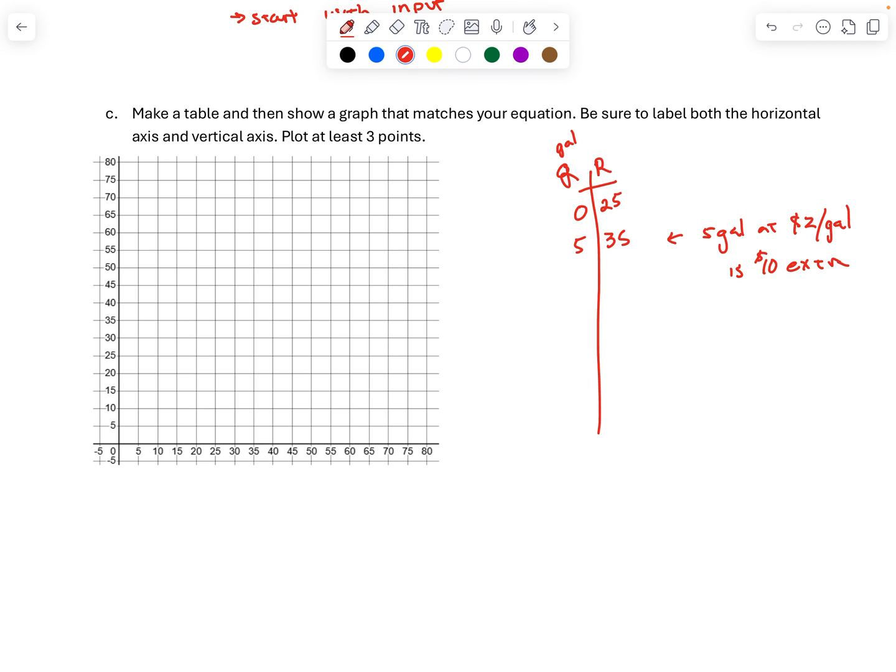So I start out with $25 at 0 gallons, and then $35 for 5 gallons. Label things. Okay. And then it's just linear.